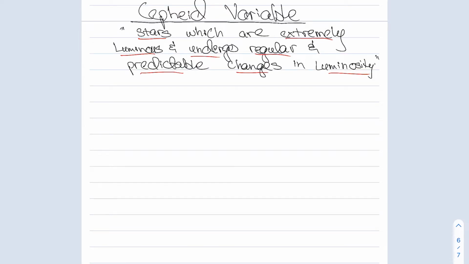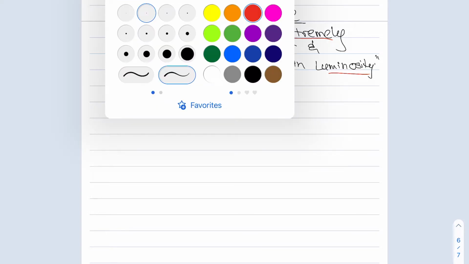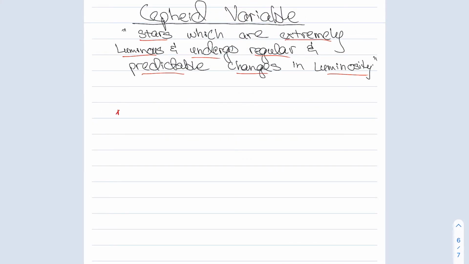So these stars can be used as standard candles because you'll know what luminosity they have at a specific time, because they have predictable changes in luminosity. Hence Cepheid variables are commonly used as standard candles.